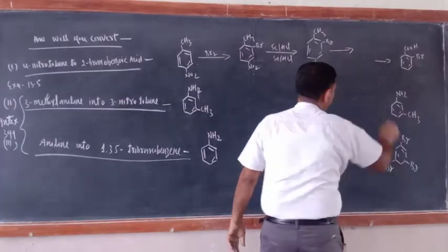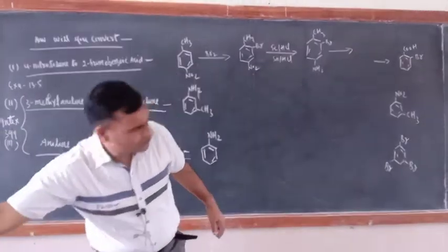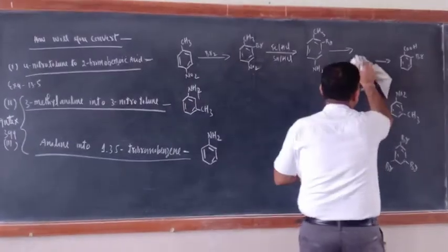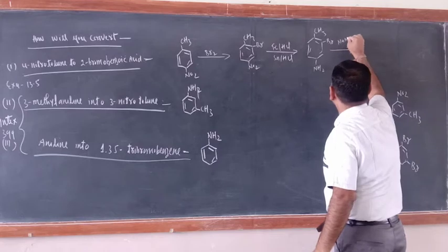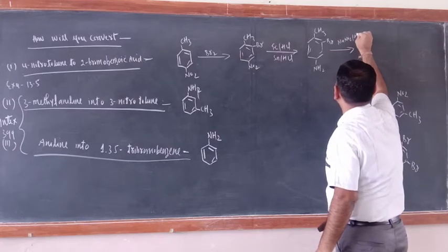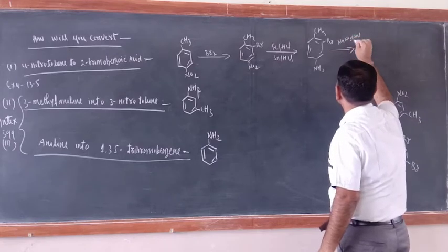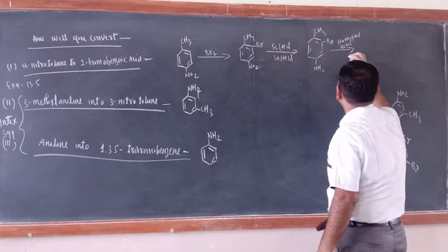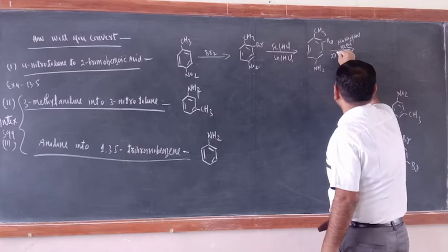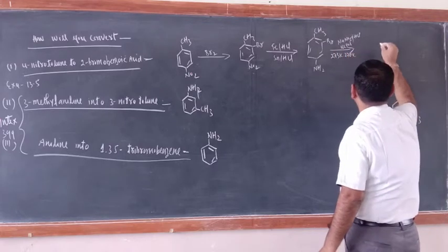Now further, the NH2 can be converted with NaNO2 plus HCl, ice cold solution, at a temperature of 273 Kelvin to 278 Kelvin. So here what would be there?